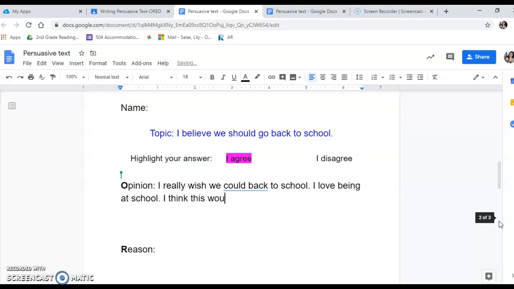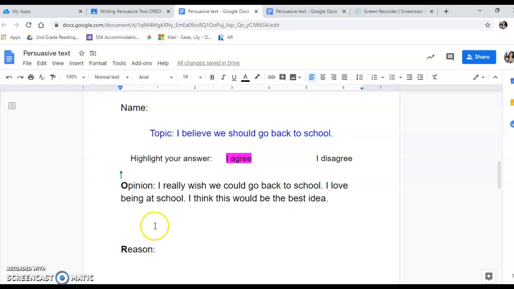I think this would be the best idea. I'm sorry, and I forgot the word go. That's why you see why there's a squiggly there? And it gives you a suggestion, okay? So make sure that when you see a squiggly, that means that you've made a mistake. You can look at the suggestion and then insert it, okay? I really wish we could go back to school. I love being at school. I think this would be the best idea.